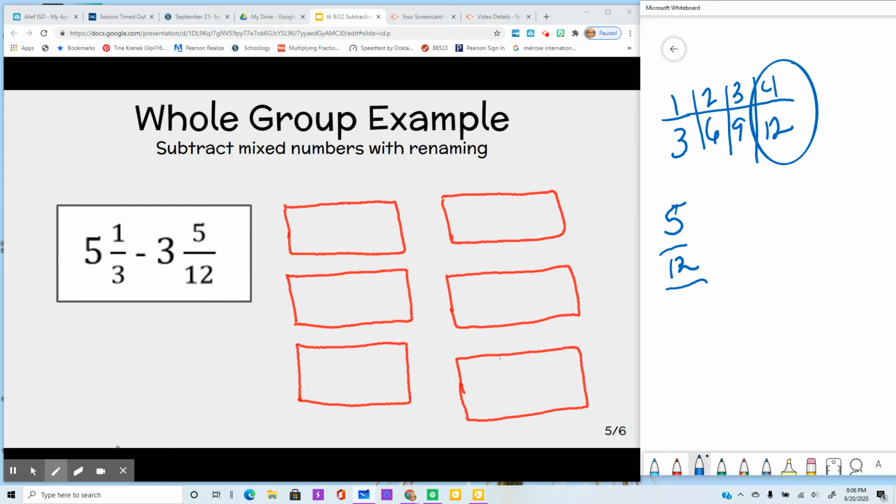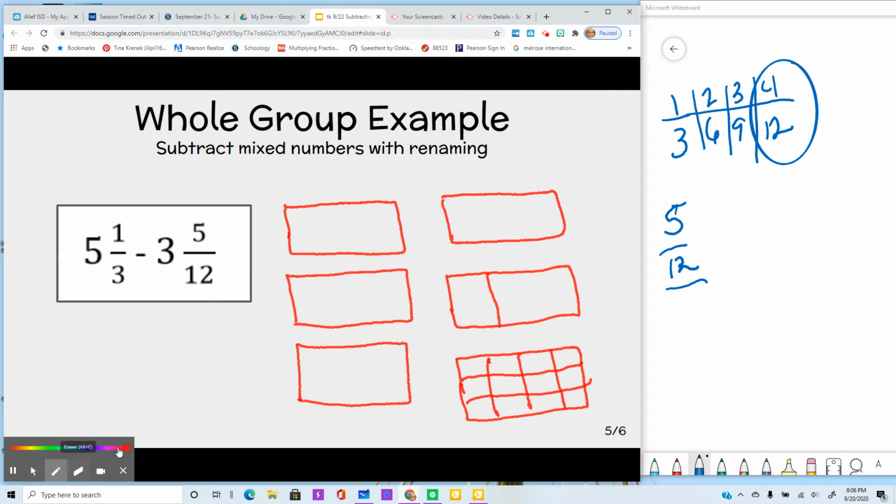Let's go ahead and cut this into fourths. And if I cut it this way, I'm going to get 12. And we're going to go ahead and break down one of our wholes in case we need to use it. So we'll cut this in fourths and then cut it into 12ths.